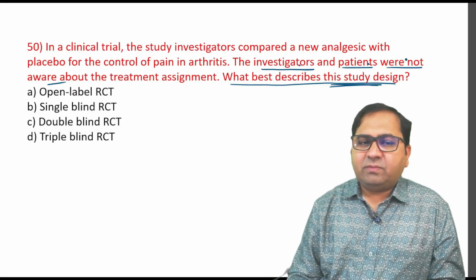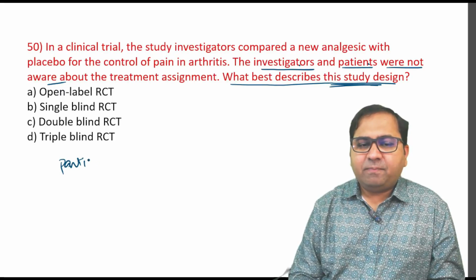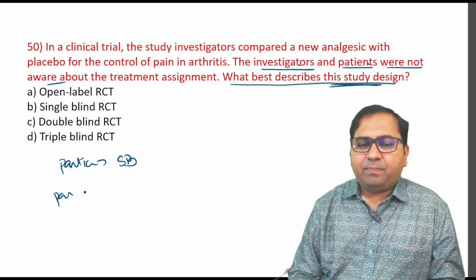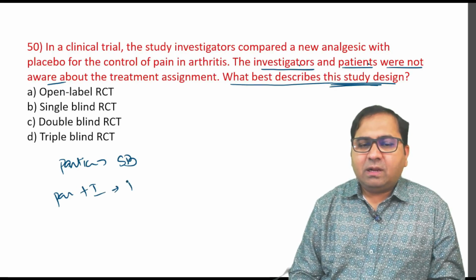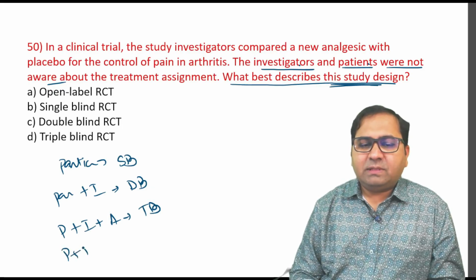See, only participant is single blind. Participant plus investigator is double blind. Participant plus investigator plus analyst is triple blind. Participant plus investigator plus analyst plus caretaker is quadruple blind.